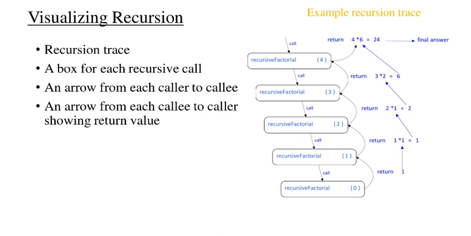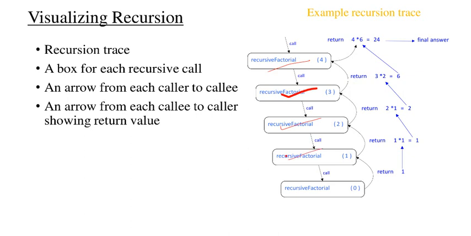Now let us try to visualize the recursion. Is it clear? First of all, I want to find the factorial of 4. I am going to make a recursive call to factorial of 3. Then once again, I call factorial of 2, then factorial of 1.